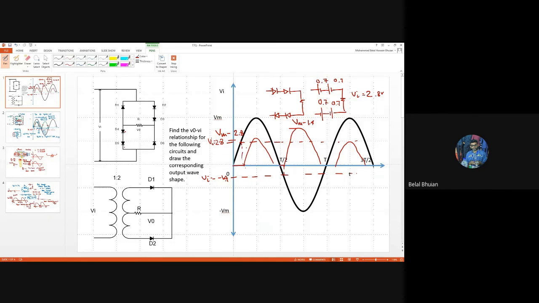So although it is rectified, this peak is smaller, this peak is bigger, smaller, bigger, smaller, bigger. This is how it goes. So we have to solve it exactly the same way we solved the full wave bridge rectifier or the full wave rectifier with filter capacitor. All right. Any questions?